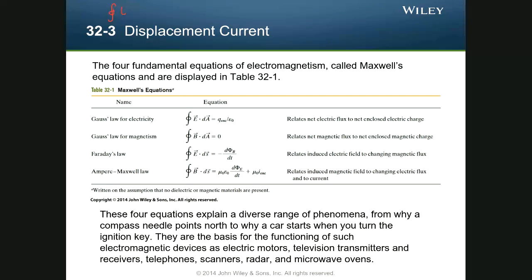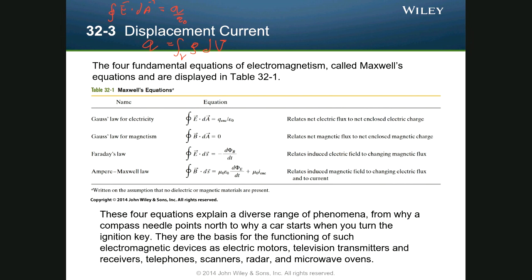Right, ∮E·dA is equal to Q over ε₀. Now, when we look at this, Q, you'll recall that Q can be simple, but it can also be as hard as a volume integral, right, over a charge density times the volume dV, where this would be a dx, dy, dz.